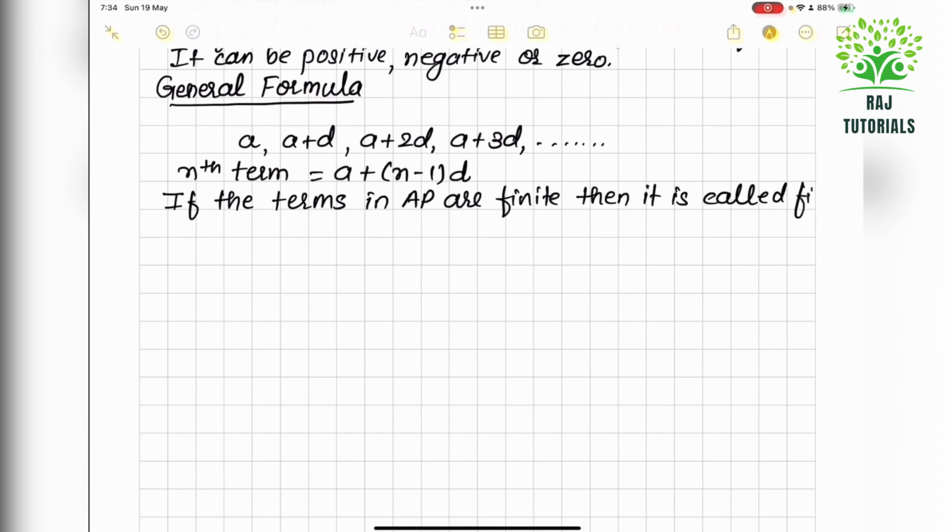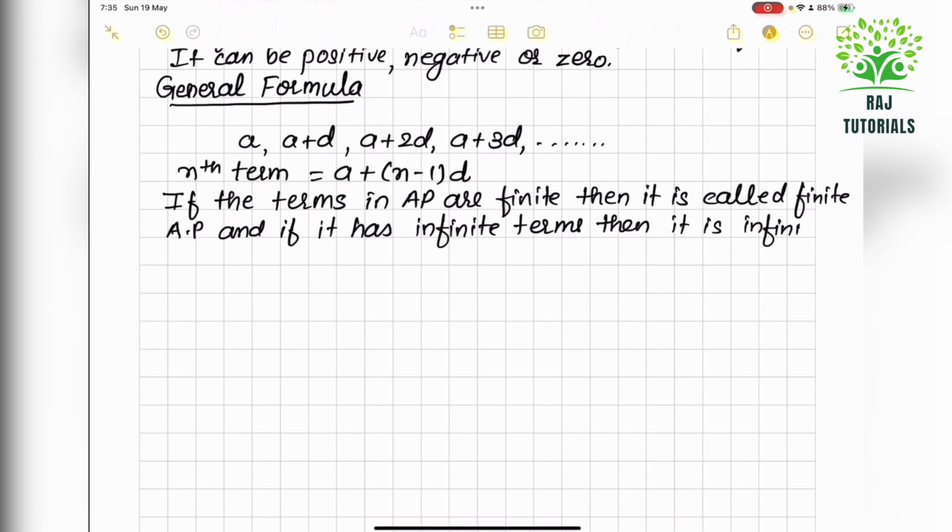Finite AP means the terms are fixed, this dot dot dot is not there, but only 5 or 7 or 10 fixed number of terms are there, so it is called finite AP. And if it has infinite terms, then it is infinite AP.